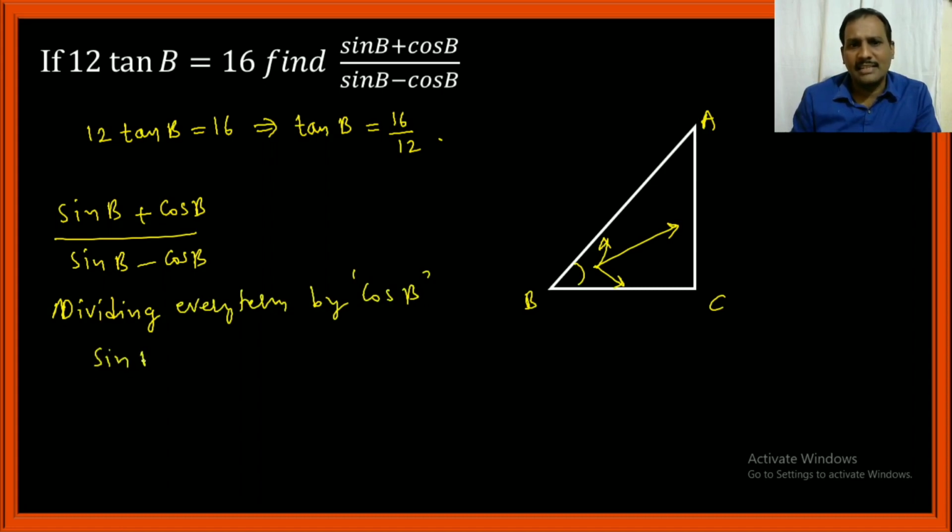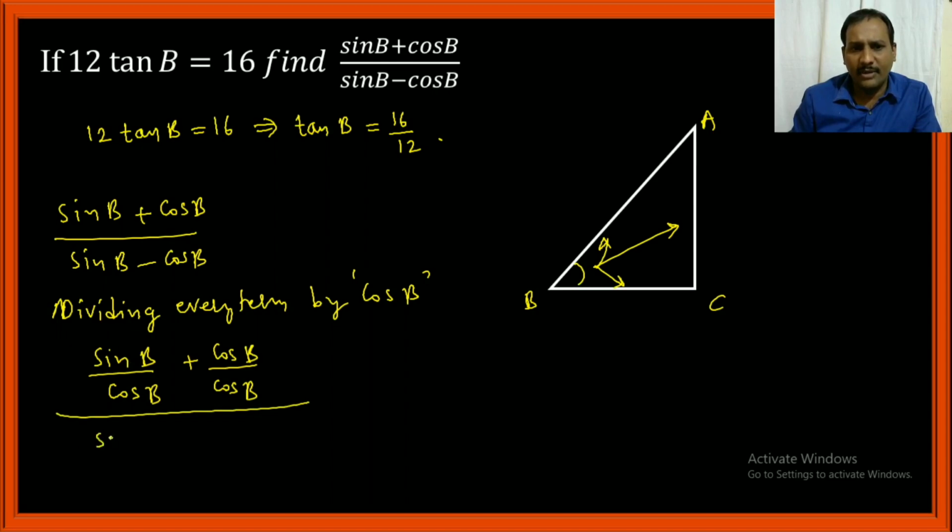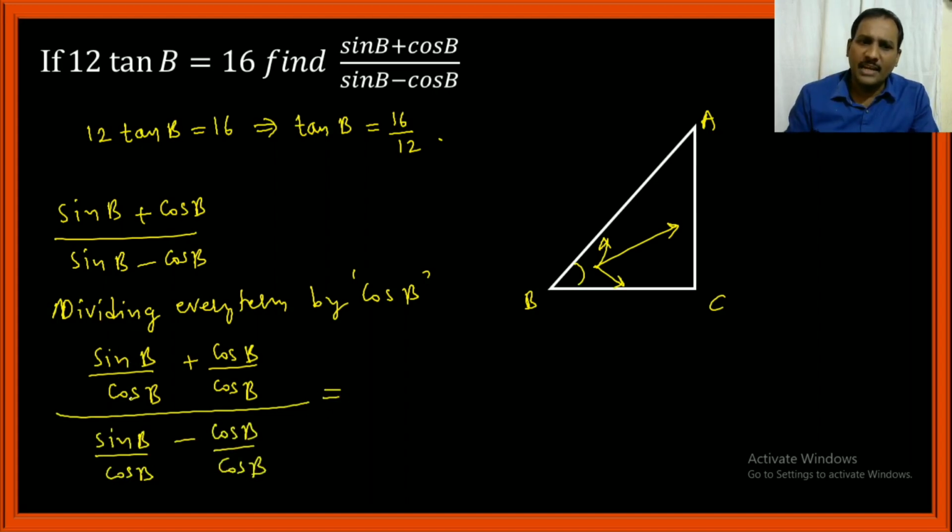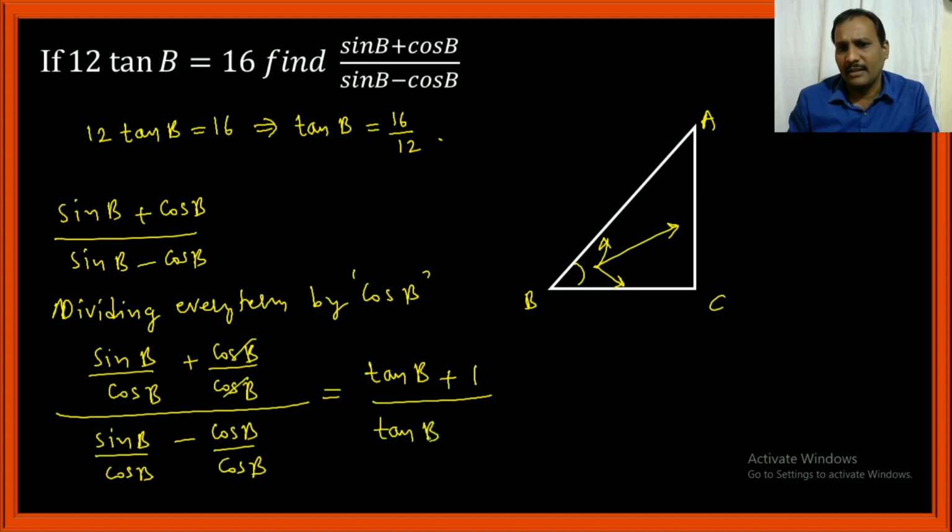That is sin b by cos b plus cos b by cos b, and in the denominator sin b by cos b minus cos b by cos b. Let us simplify this. Sin b by cos b is tan b, plus cos b by cos b cancels and it is 1, over tan b minus 1.